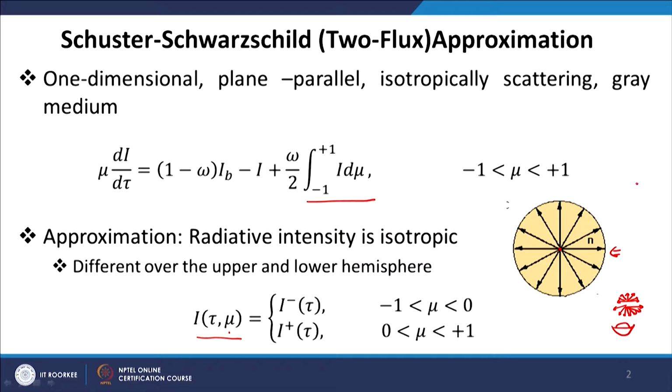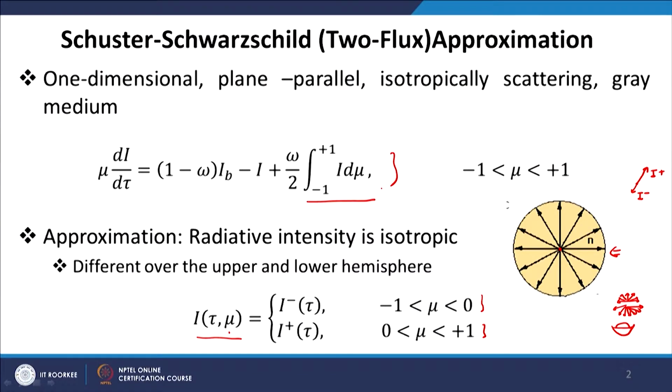I plus is the intensity going in the upward direction, I minus is the intensity going in the downward direction, and they may be different. For I minus, mu is less than 0, and for I plus the value of mu is between 0 and 1. When we do that, the integration that appears in the integro-differential equation is simplified.